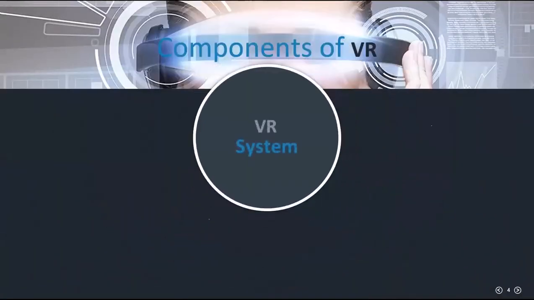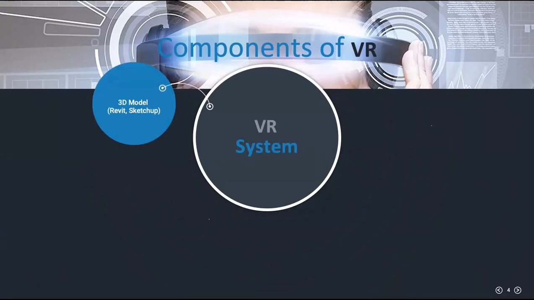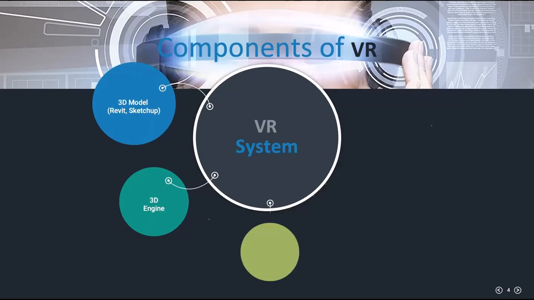When we talk about the components of a VR system, basically we first have to develop a 3D model. You can do it in Revit or SketchUp or any other BIM tool. Next, we need a 3D engine. For example, we have the HTC Vive or Oculus for VR, or even for AR, I think Microsoft is there.